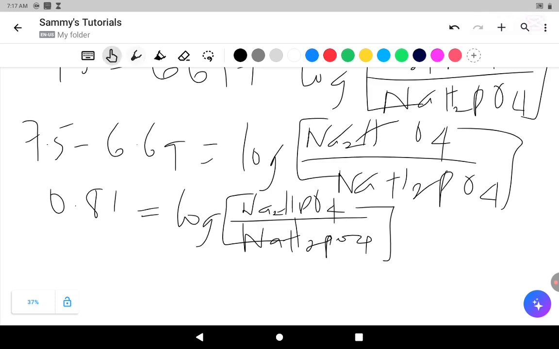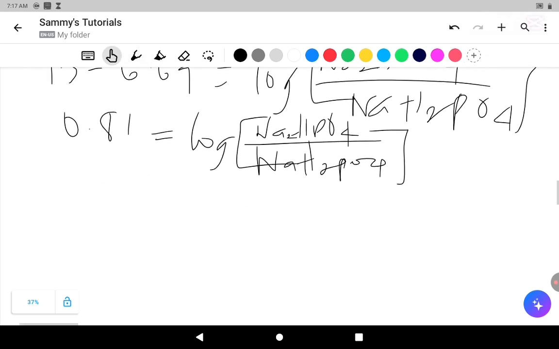Now after you've gotten this, the next thing to do is to sort out this log. If you remember in mathematics, this is just an instance: if you have log of a number equals 3, it is equivalent to 10 raised to the power of 3. Remember, this is log base 10 from the beginning.